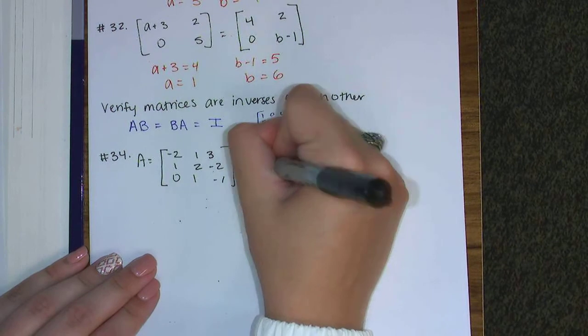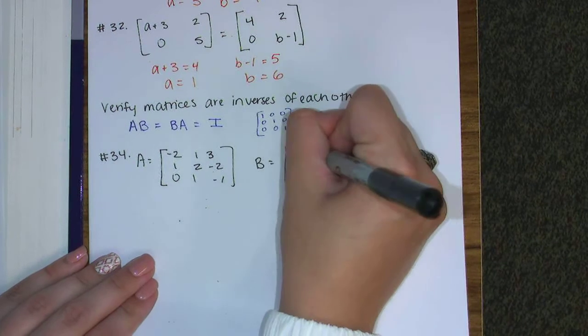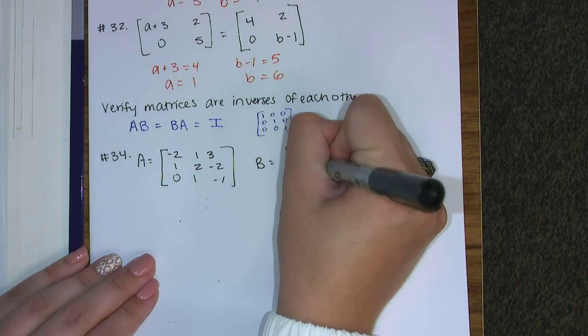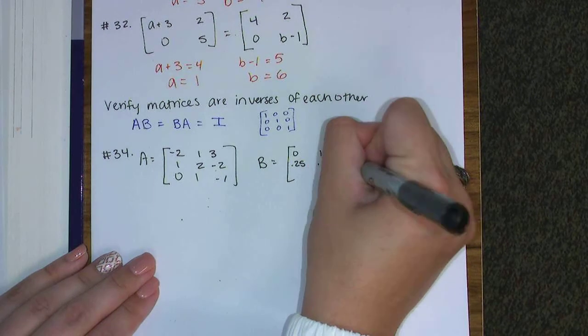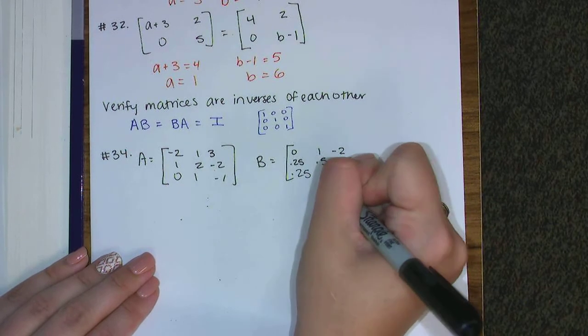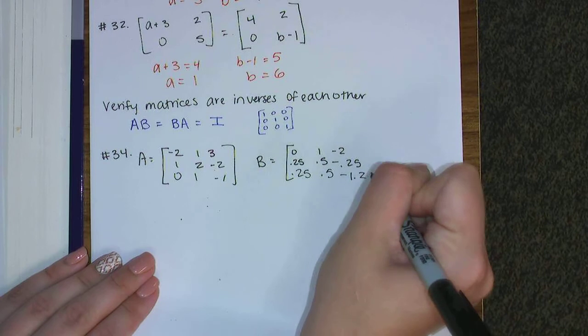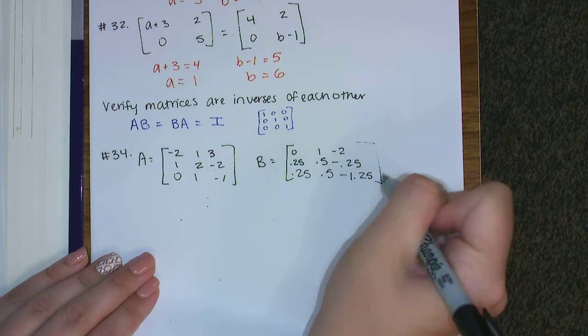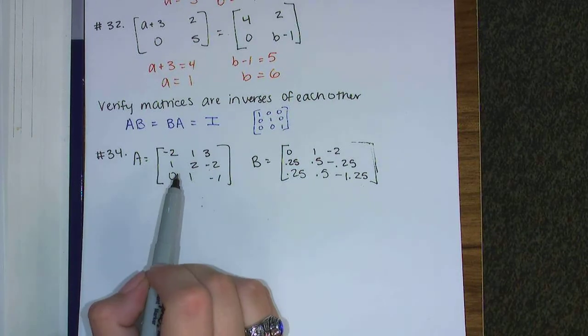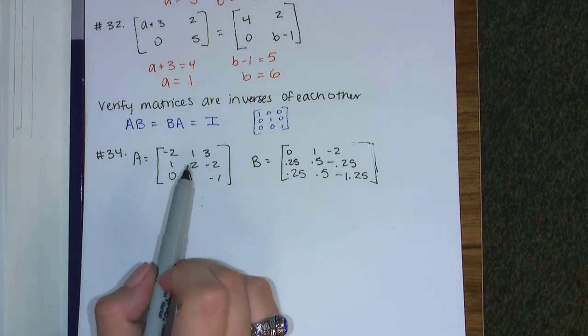And we have B is 0, 1, -2, 0.25, 0.5, -0.25, 0.25, 0.5, -1.25. And you're probably wondering why these are all decimals. Well, it's because of what happens when you do the inverse of something. And this is part of the reason why we're not actually finding the inverse by hand of this.